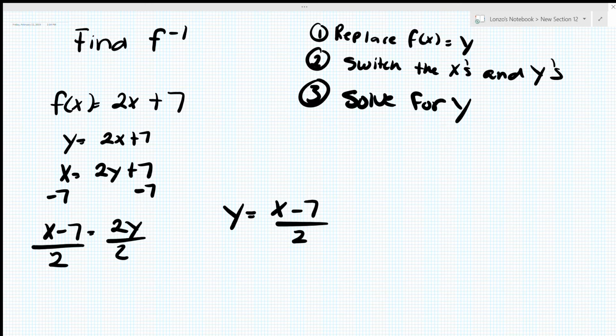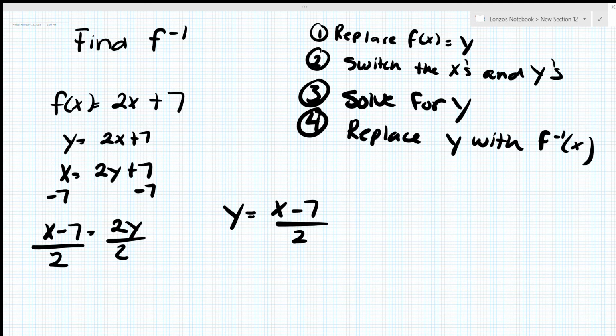And then the fourth step is replace y with f inverse. So this y here, we're going to replace it with f inverse. x minus 7 over 2.